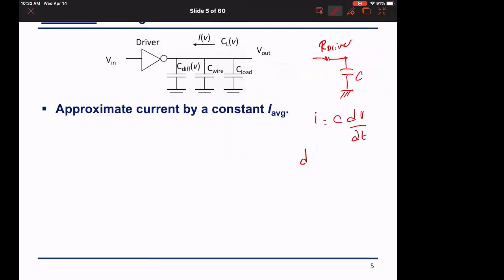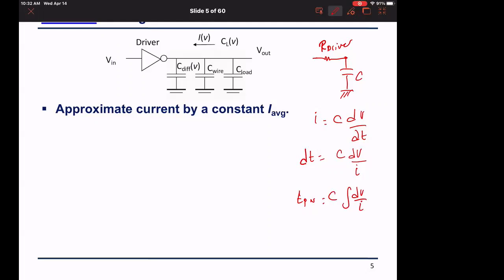Then we can say I can find dt as C dV over I, and I can find delta t, or the delay, if I do the integral of C dV over I, right?